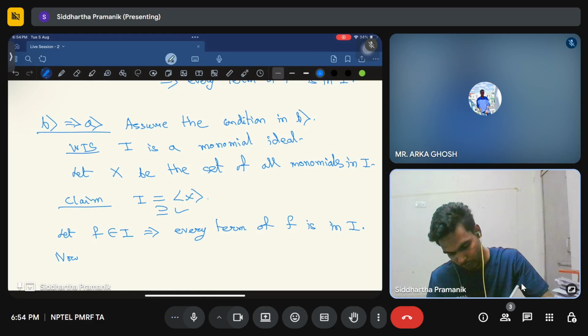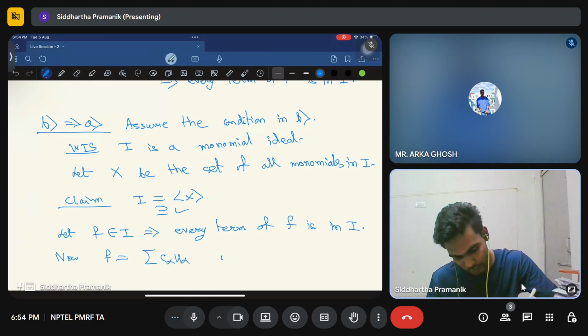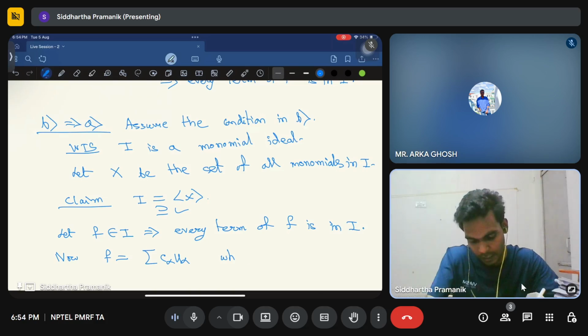Now we can write F as summation c_alpha u_alpha, because monomials form a basis.